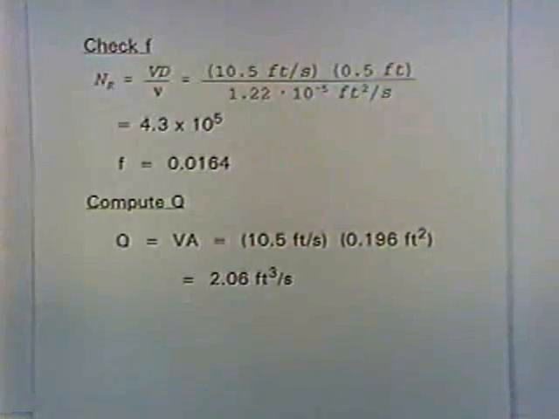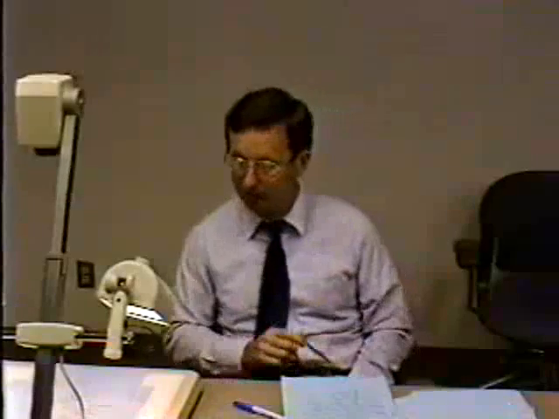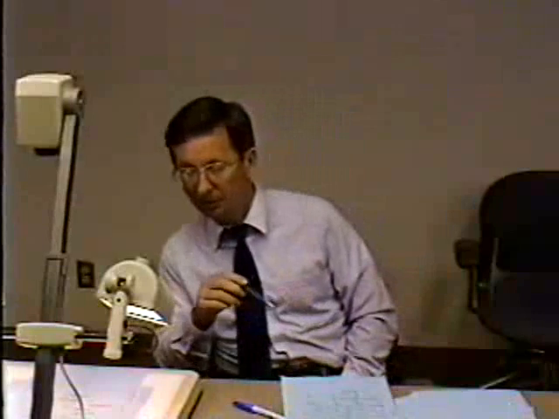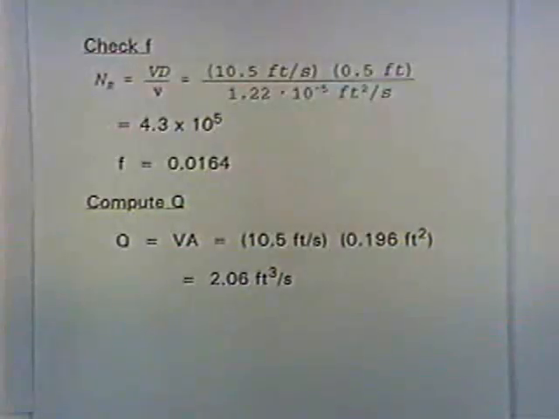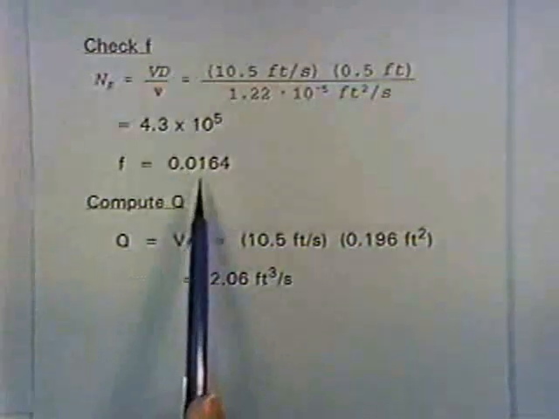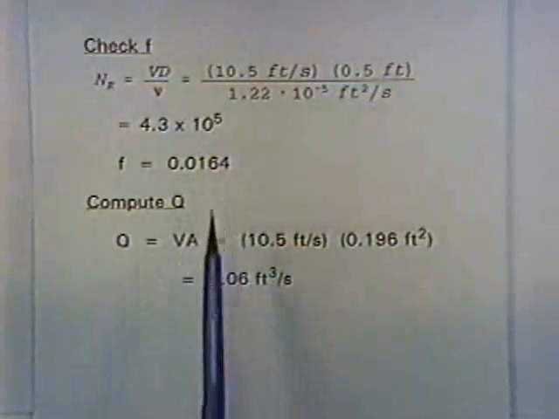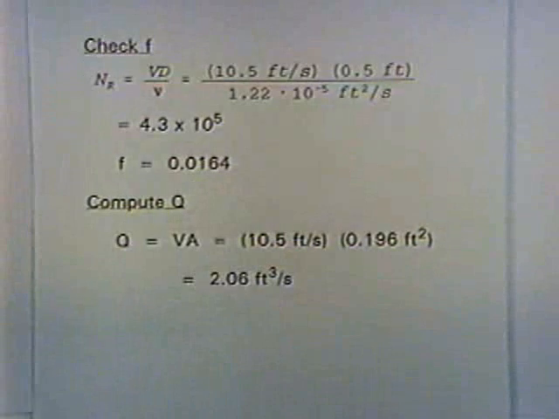Then taking that in combination with that relative roughness of 0.003, go back to the Moody diagram, and I won't put the Moody diagram back up again, but you can plug in those two numbers and read off a friction factor, assuming I read it off correctly, of 0.0164. I assumed 0.016, and that's close enough for me. I don't want to do it over again. But if this would have come out to be 0.018, then I would have taken the 0.018 and reworked the problem again.